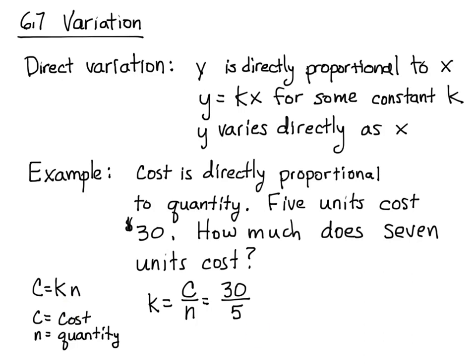Then I'm going to use this constant to multiply by the new quantity to get my new value. So 30 over 5 is the cost of 30 for 5 units, and so the cost for 7 units, we calculate by just multiplying 7 times 30 divided by 5 and get 42.